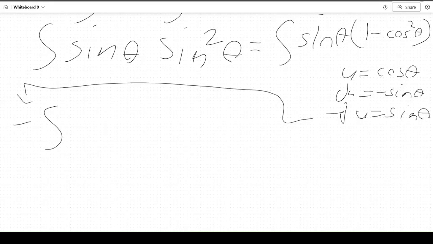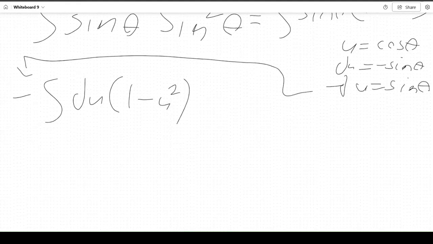Bring the negative out from the integral, and the du would be sine. And we would have this as a u. So here's what it looks like.